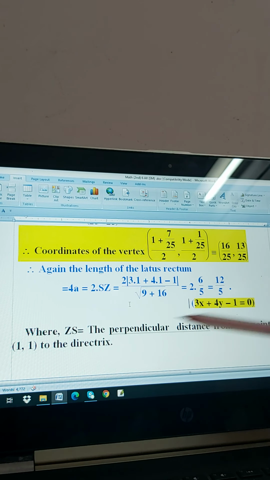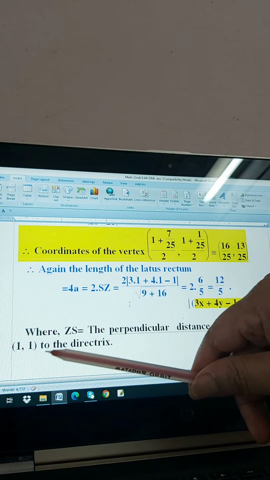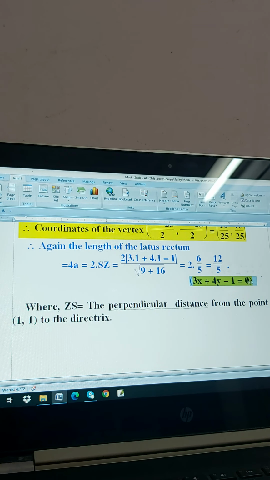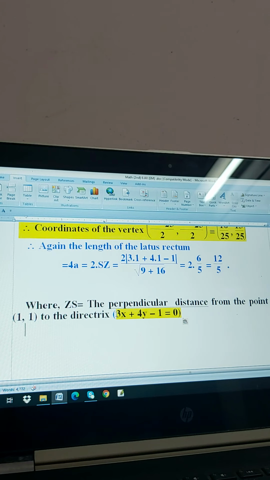Where ZS is equal to the perpendicular distance from the point, that is the focus, to the directrix 3x plus 4y minus 1 equal to 0.